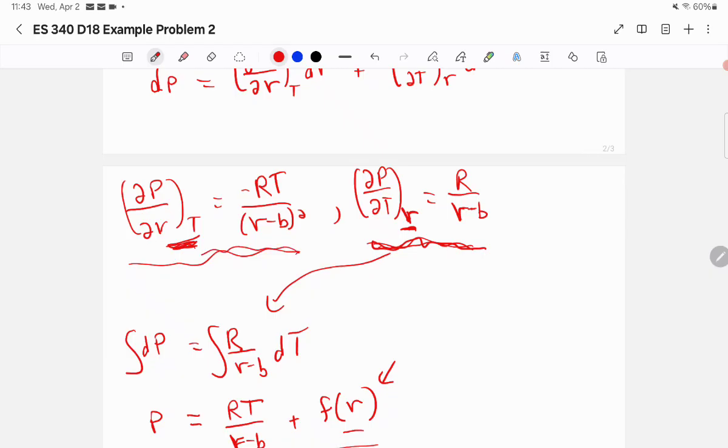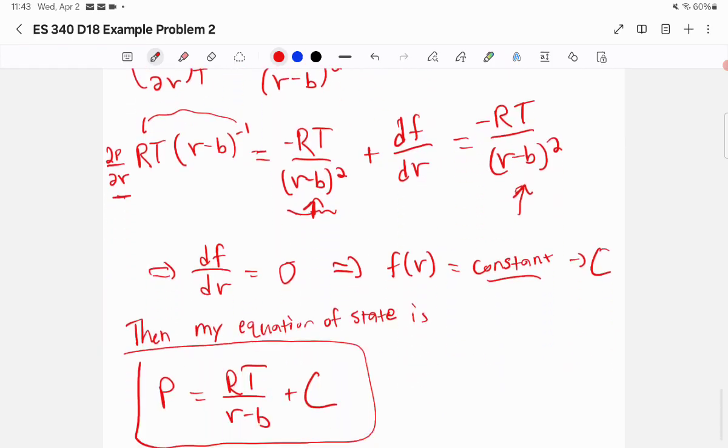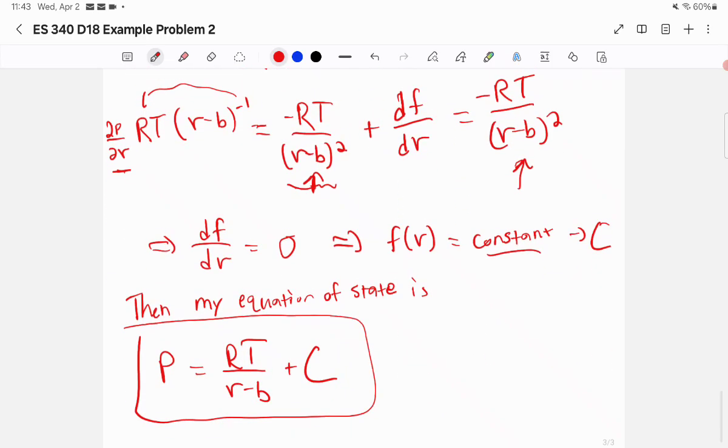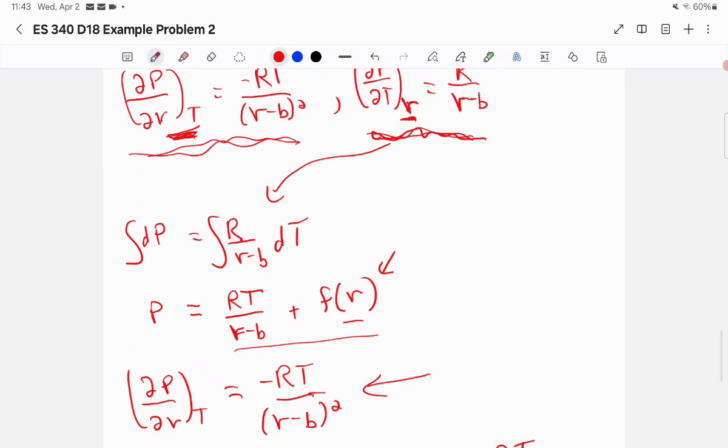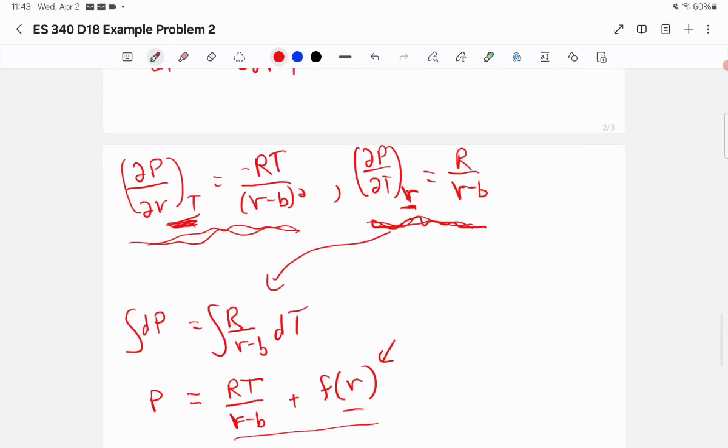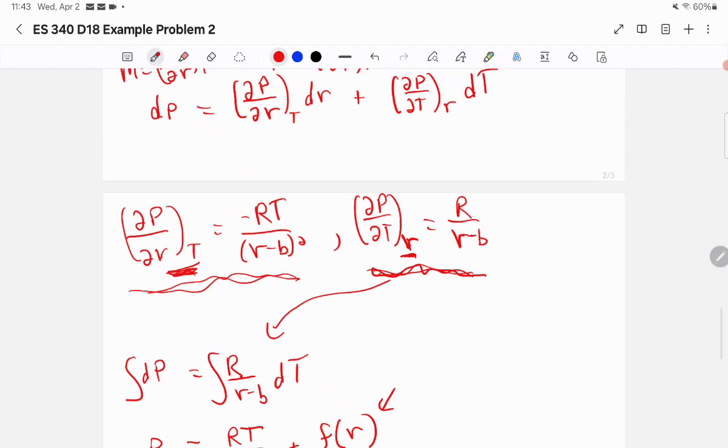We could have gone the other route and integrated this equation first, but as I said, that would have been a little bit more complicated, and we would have ended up at the same path anyways. And then substituting that back into the other equation, because the equation of state has to satisfy both of those equations, both this one and this one.